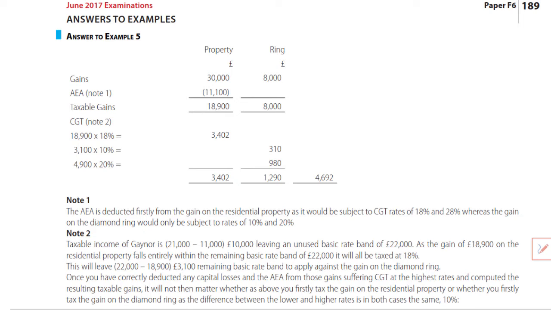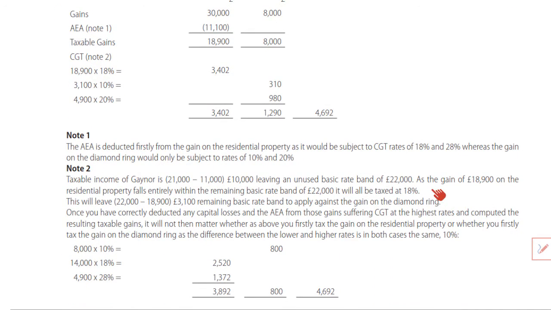The property gain is less than 22, so it all falls into this lower rate of 18%. That's the lower rate for residential property, that is. It still leaves £3,100 of the basic rate band available to then go against the gain on the ring, and that's at 10%, its lower rate.